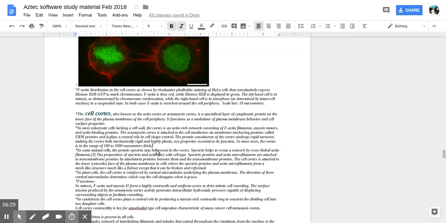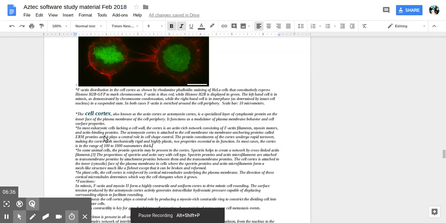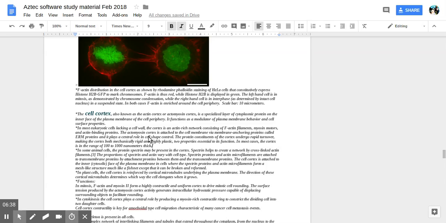The actomyosin cortex is attached to the cell membrane via membrane anchoring proteins called ERM proteins and plays a central role in cell shape control. The protein constituents of the cortex undergo rapid turnover, making the cortex both mechanically rigid and highly plastic, so kind of flexible, two properties essential to its function. In most cases, the cortex is in a range of 100 to 1,000 nanometers thick.